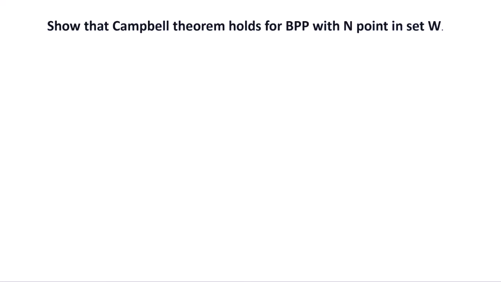Now, we also want to show that Campbell's theorem holds for a BPP with n points in set W. So in that case, let's call S_i equal to f(x_i), that is for one point x_i. And then the total summation would be the summation over all those S_i's, sum over i of f(x_i).